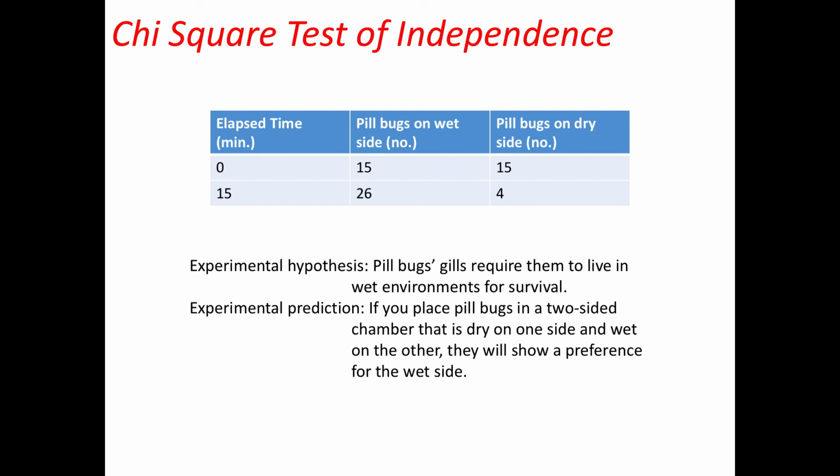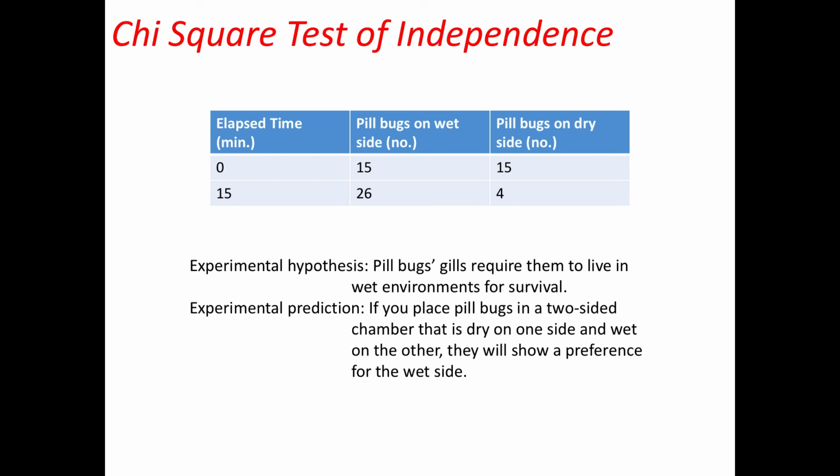Okay, so now let's do another example, but this time I want you to try it by yourself. I will post my data on Canvas for you to check your work with. Practice makes perfect, right? So for this example, the students in the class just learned in their biology class that pill bugs use gill-like structures to breathe oxygen. The students hypothesized that the pill bug's gills require them to live in wet environments for their survival.